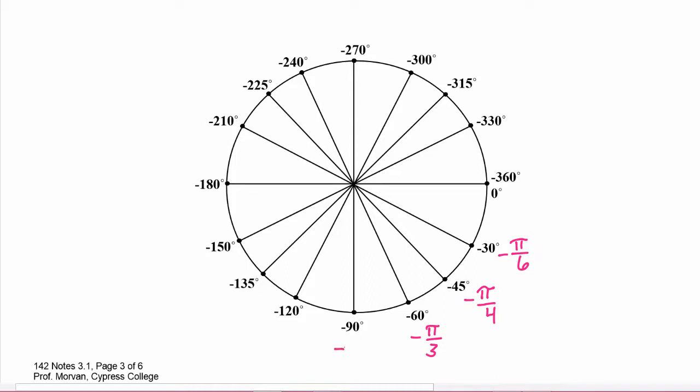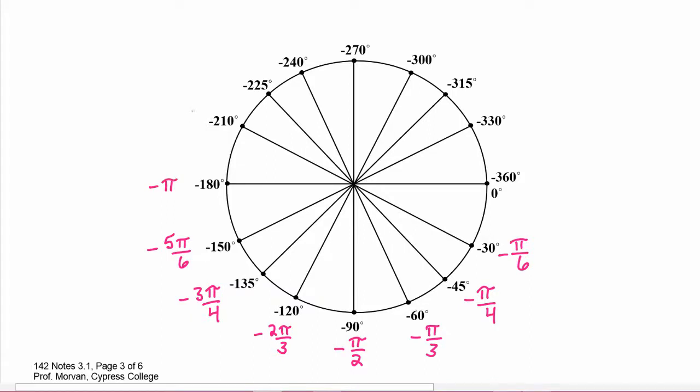Negative 90 is negative pi over 2. Negative 120 is negative 2 pi over 3. Negative 135 is negative 3 pi over 4. Negative 150 is negative 5 pi over 6. Negative 180 is negative pi.